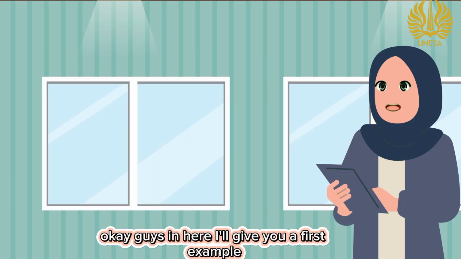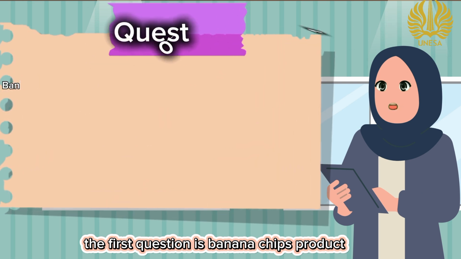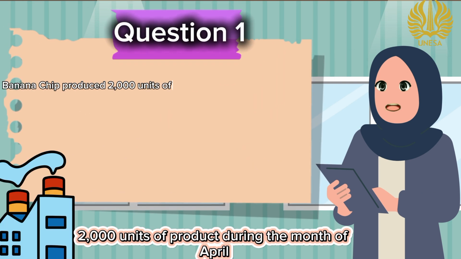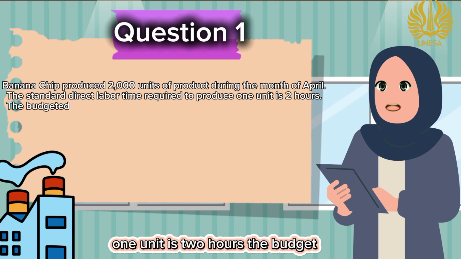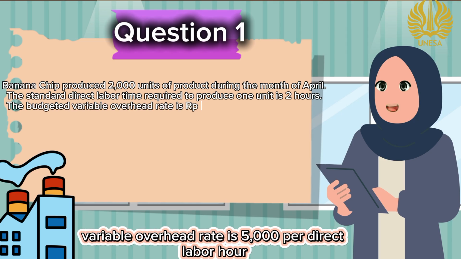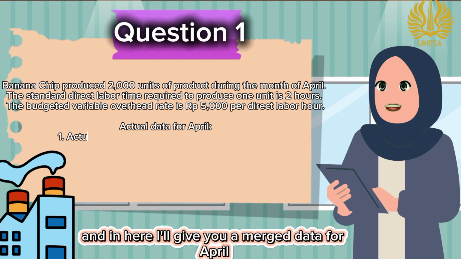Okay guys, here I'll give you a first example. The first question: banana chips produce 2,000 units of product during the month of April. The standard direct labor time required to produce 1 unit is 2 hours. The budget variable overhead rate is 5,000 per direct labor hour. And here is more data for April.